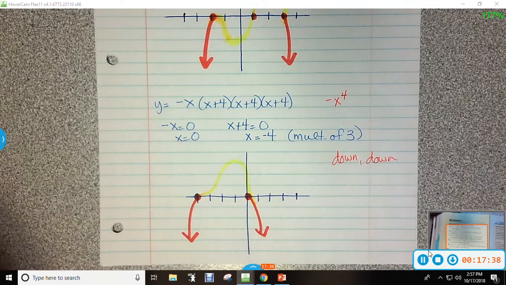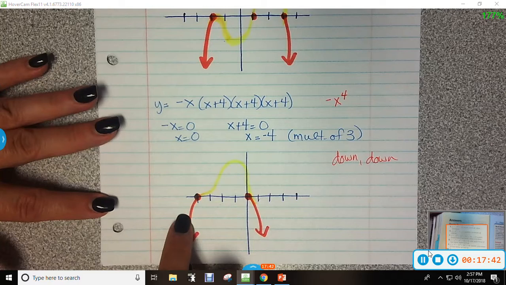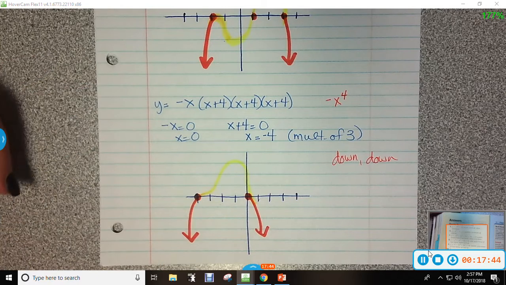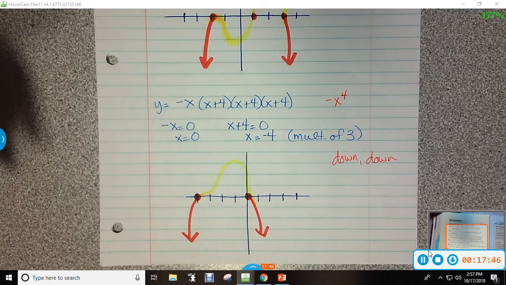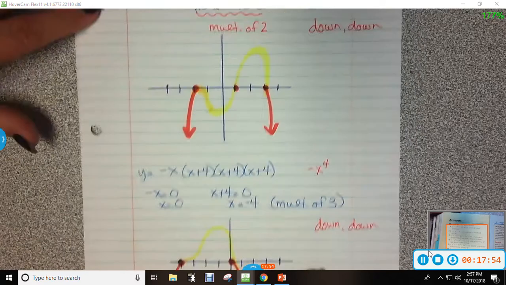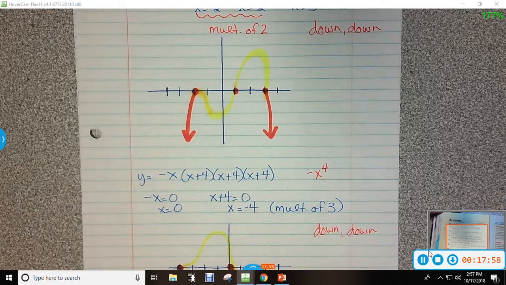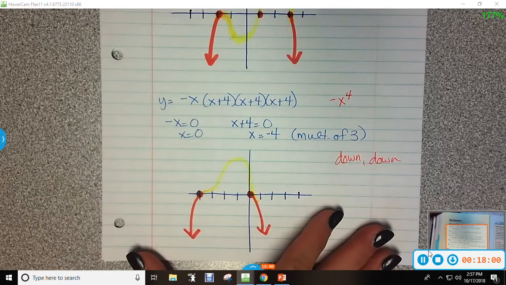Okay? I don't know that I would make you graph one of those, but you should be able to recognize on a graph, if I ask you about multiplicities, you should be able to look at something like that and tell me that it's a multiplicity of 3. Or that this one up here is a multiplicity of 2. And the multiplicity of 2, I'll expect you to graph. Multiplicity of 3, maybe not.